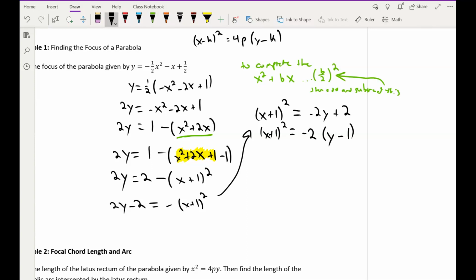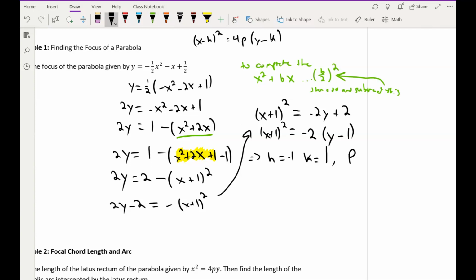We can identify our values. This implies that our h value, since it's x minus h, is going to be -1. k is going to equal 1. And our p value is going to be, remember that this is technically 4 times p.